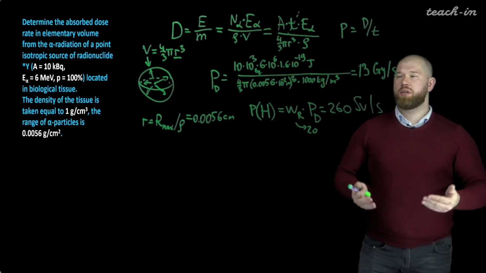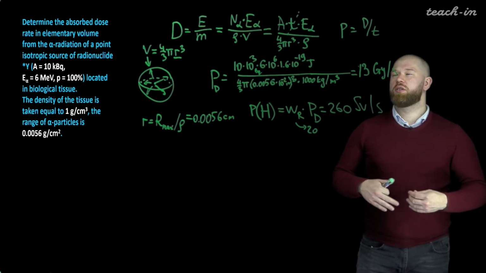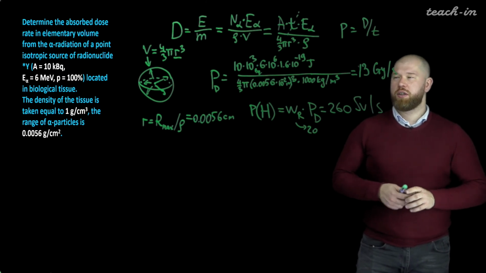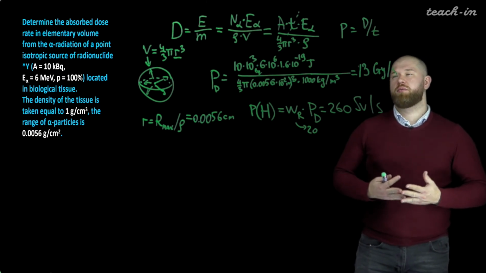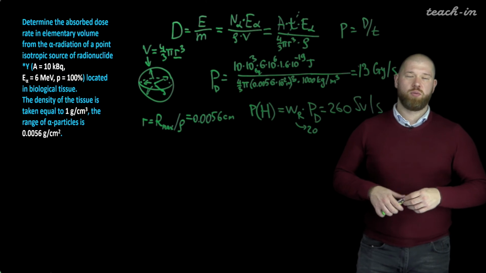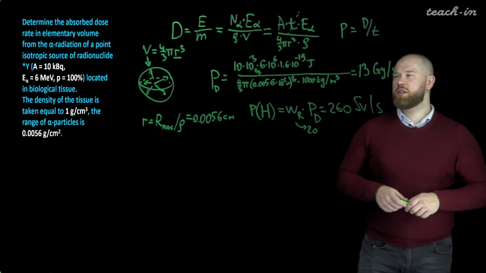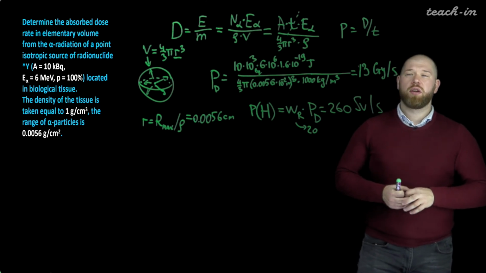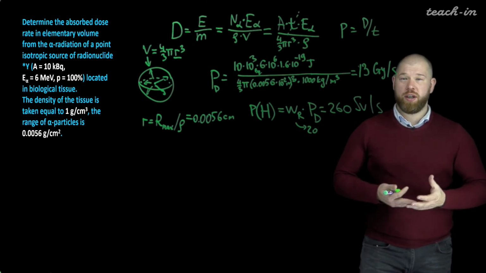Of course, if we recalculate it not by the mass of this very small sphere, but by the total mass of the human body, for example 80 or 90 kilos, the dose rate will be very small and even negligible. But locally, the dose rate will be very high.